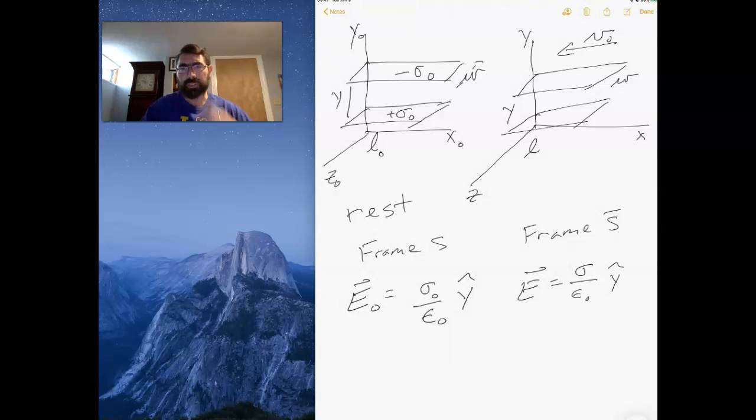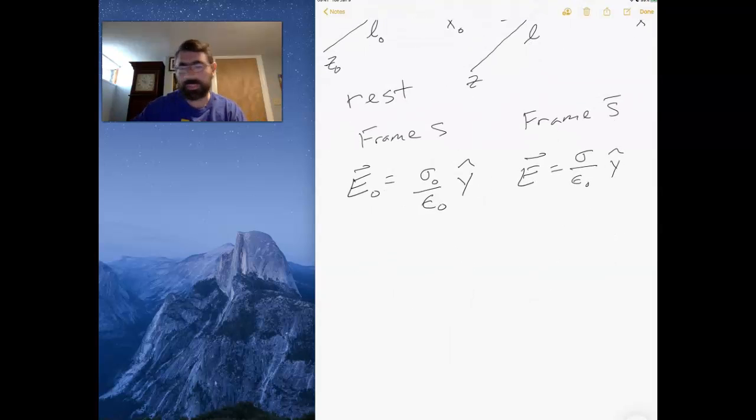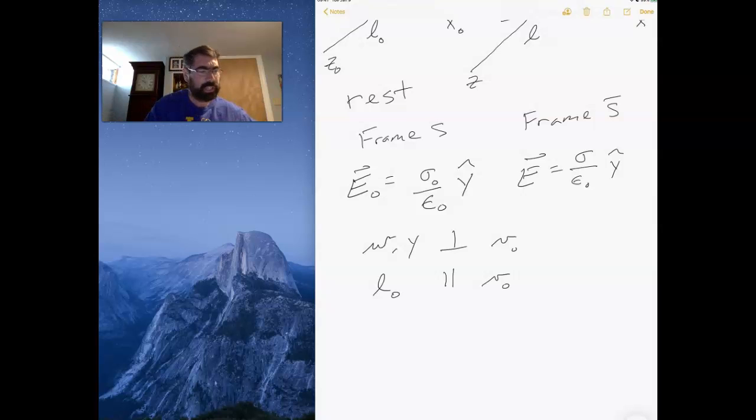Now the charges are not the same because these are charge densities. W and Y are perpendicular to V, so they don't change. However, L naught is parallel to V, so it does change, and what you get is a contraction of that length.